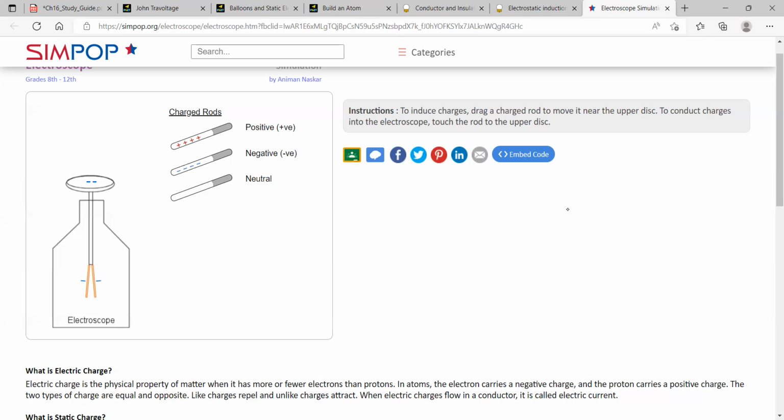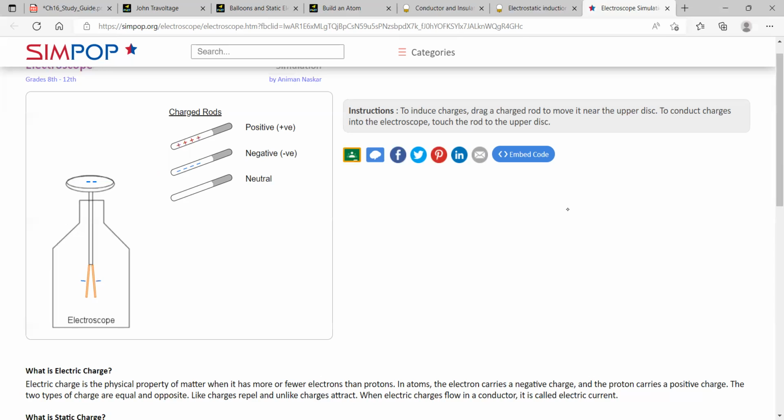Now because it is negatively charged, if I bring a negative charge, you see that the gold leaves repel more. When I bring a negatively charged object, the gold leaves repel more, but when I bring a positively charged one, nothing basically happens. The separation is very small.